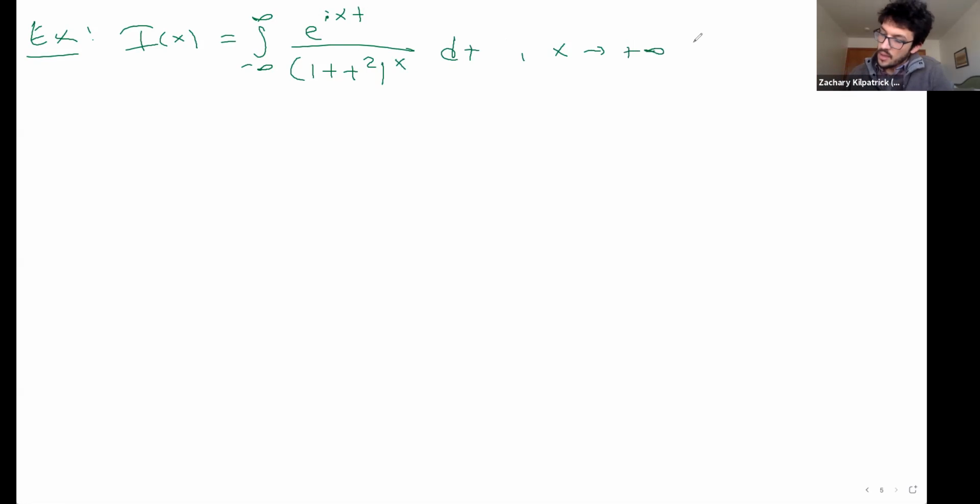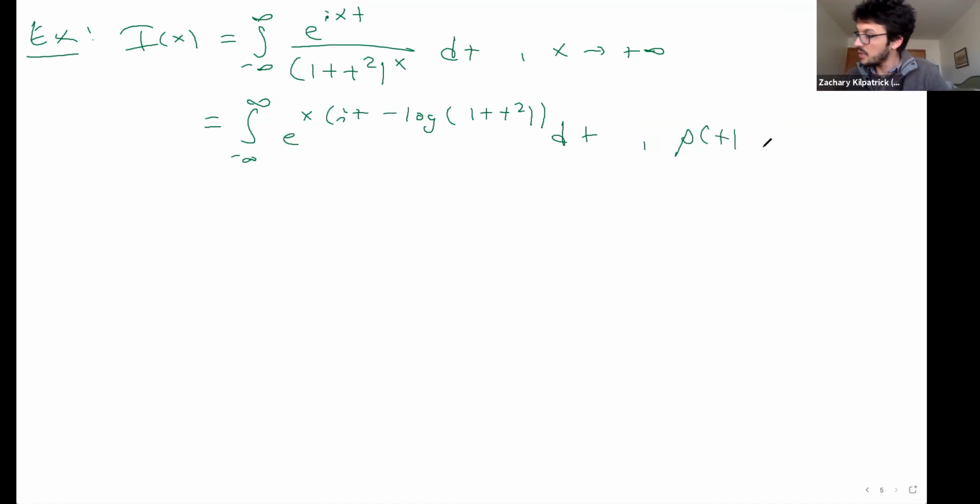Now, first of all, I can write this as an integral in that convenient form involving exponentials by using the logarithm. So this is e to the x times (it minus log of 1 plus t squared) dt, okay? So that means I can define phi of t as it minus log of 1 plus t squared.